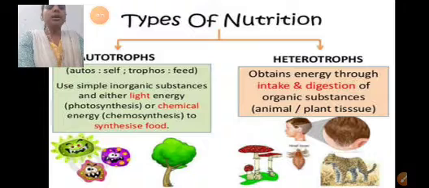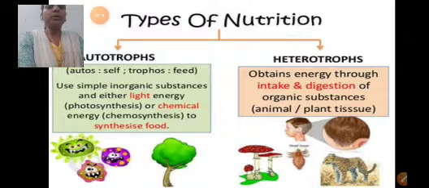First of all, let us talk about the meaning of the words autotrophs and heterotrophs. Autotrophs: auto means self and trophos means feeding. Hetero, on the other hand, means other, and trophos again means nutrition or feeding.